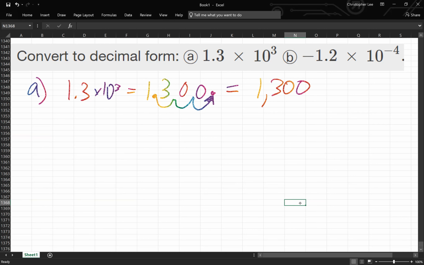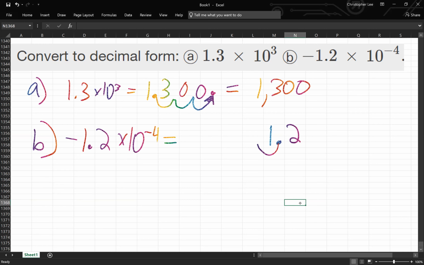Let me talk about B for a second now. So for B, I have negative 1.2 times 10 to the negative 4 power. Want to write that in decimal form? So I'm going to start off with that 1.2, and I'm going to move the decimal. How many spaces? Four to the left.